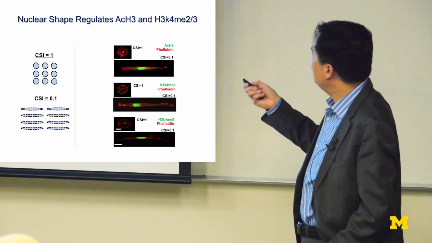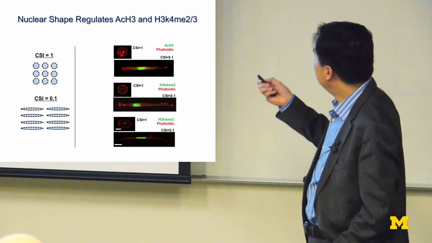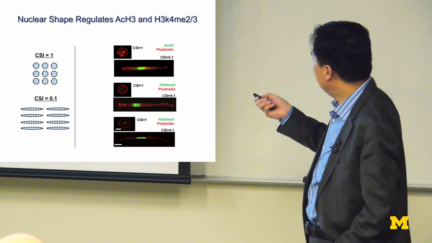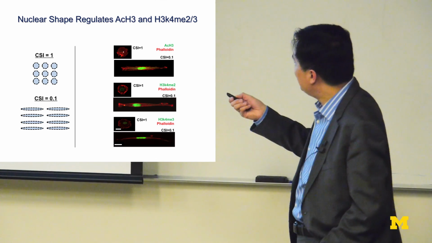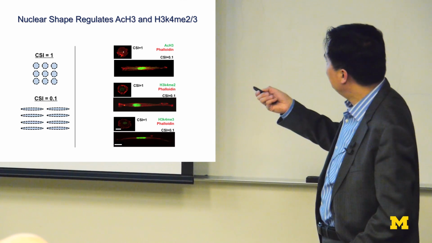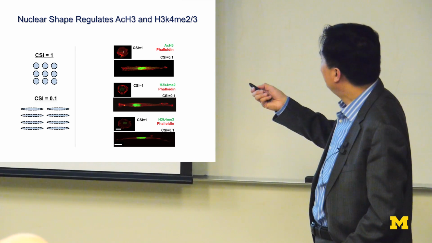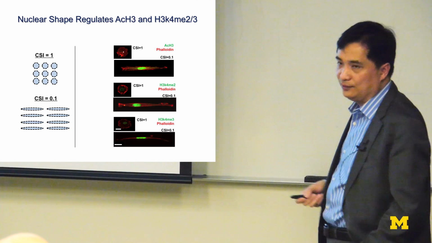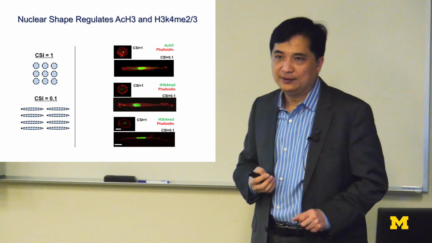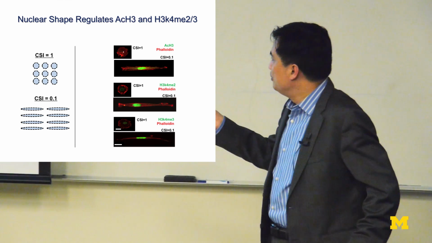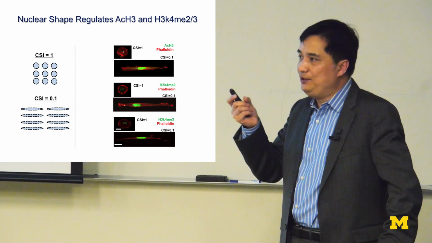We cultured the cells and then did immunostaining for the histone markers, in this case, the acetylation and methylation of histones. Indeed, we found that if you just have this cell morphological change, you're going to have nuclear shape change, and you have an increase of acetylation and methylation of histone 3. So that suggests this mechanotransduction could be mediated by cell morphological change and cell nuclear shape change, which could be mediated by the cytoskeleton.